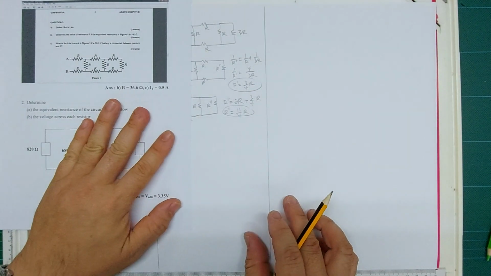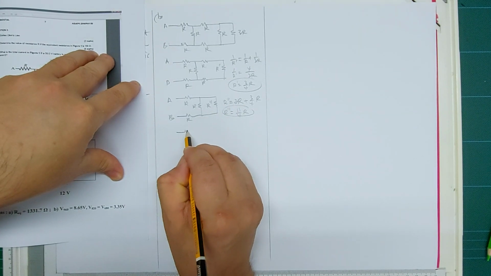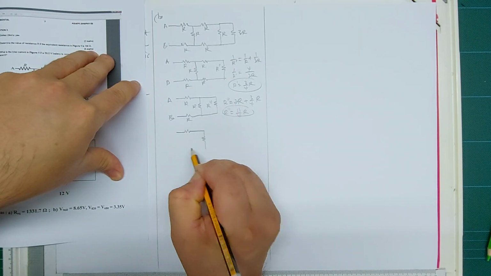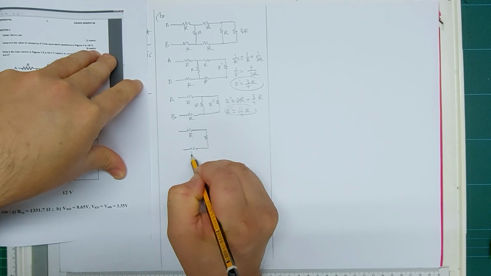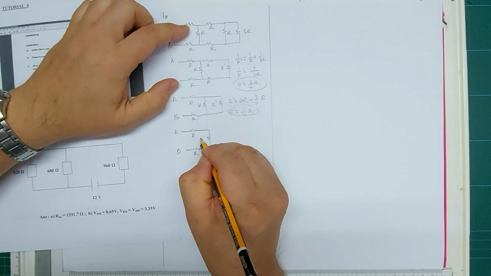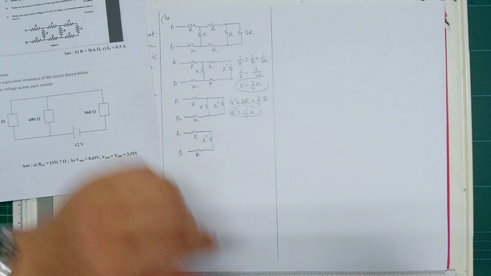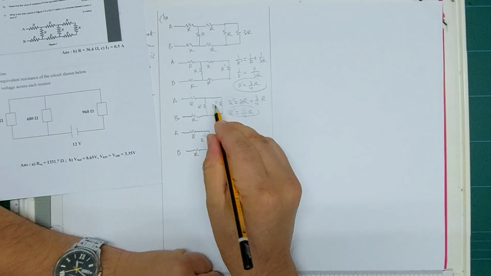After that, we repeat the same thing, parallel again. So we redraw the diagram. This is R, this is A and B. Now we combine them, so I call this one R triple prime, in parallel.